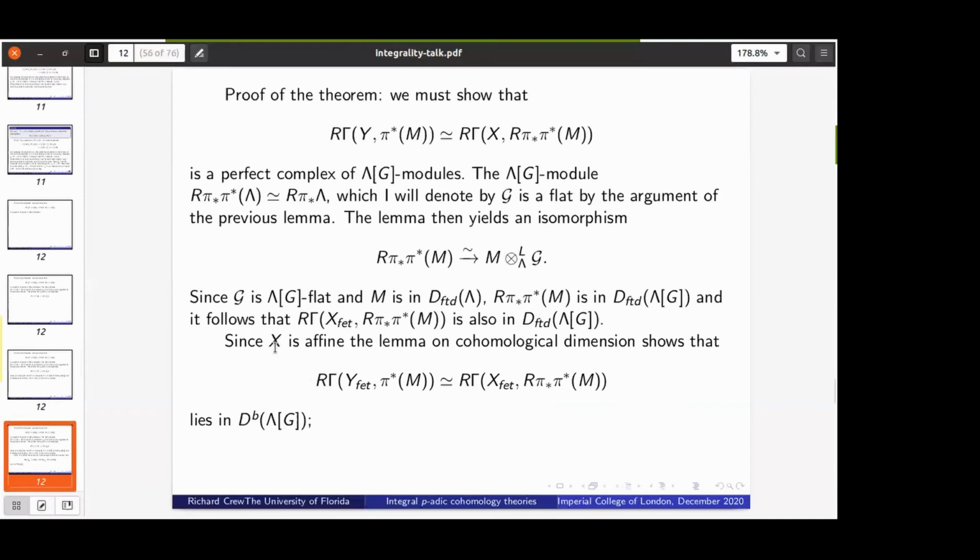Okay, well, X by assumption was affine, so the lemma on cohomological dimension then says that our gamma on the finite tau topos of Y of pi upper star of M, which is isomorphic to our gamma of X finite tau of R pi lower star, pi upper star M, actually lies in the bounded derived category of lambda G modules.